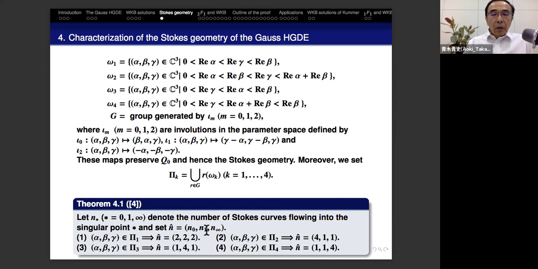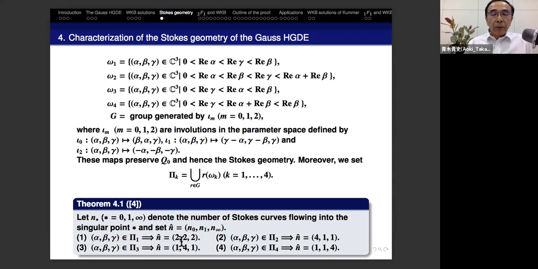And N star denotes the number of Stokes curves flowing into the singular point star. And we set n hat the triple of n naught, n1 and n infinity. And our first theorem is if alpha, beta, gamma belongs to pi 1, then n hat is 2, 2, 2.